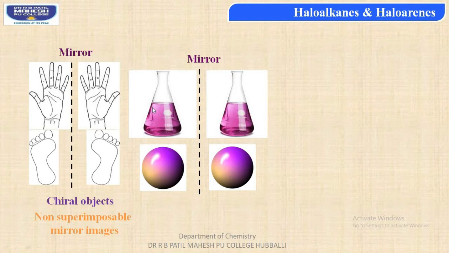Thus, it is superimposable, and the same is true in the case of the spherical ball. You can place the mirror image of the spherical ball on the original one, so both are exactly the same. Thus, students, in this case, they form achiral objects, or in other words, they are superimposable mirror images.